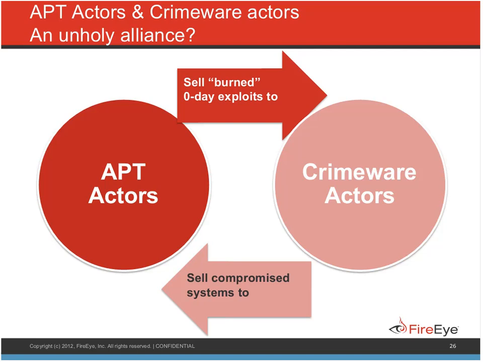But once the Crimeware actor knows that they have an asset within a critical infrastructure network, they actually have ways to communicate with these APT actors and sell them the compromised system. And the reason that you do this is because, again, as an APT actor, I don't want to burn my zero days. If I don't have to use a zero day to break into your critical infrastructure network, I'm not going to. I can just buy access.